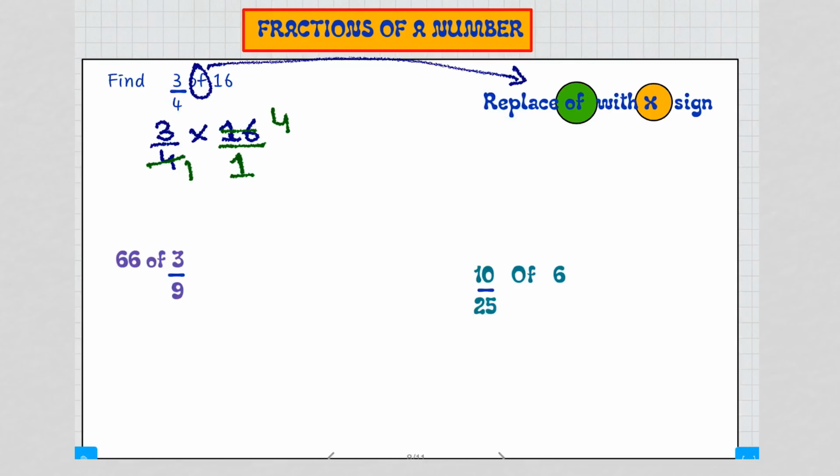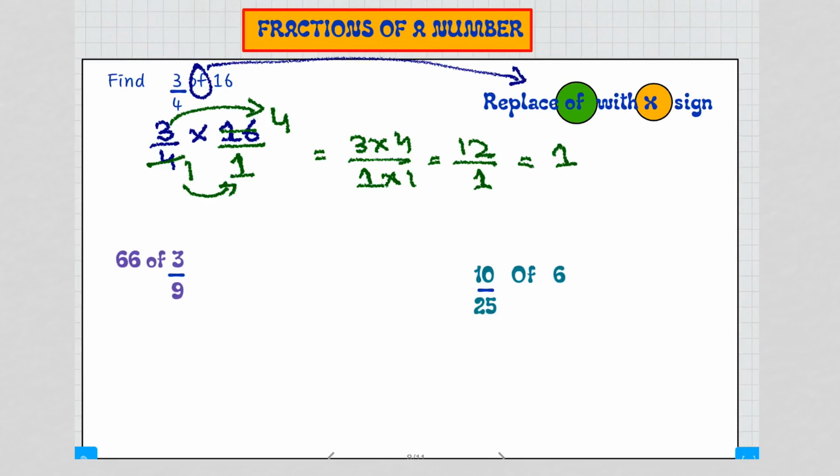Then we times numerator with the numerator, denominator with the denominator. 3 times 4 over 1 times 1. Okay, 3 times 4 is 12 over 1. And then we can write 12 over 1 as 12, because 1 doesn't change the value of 12.